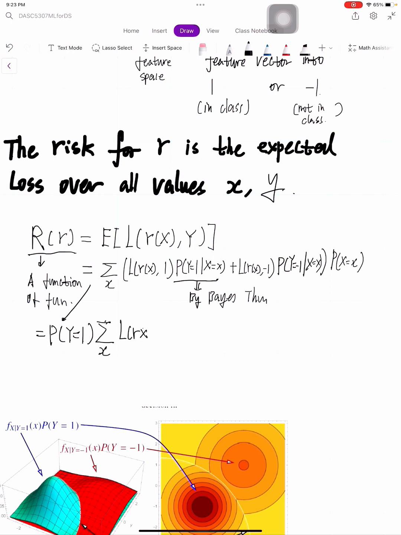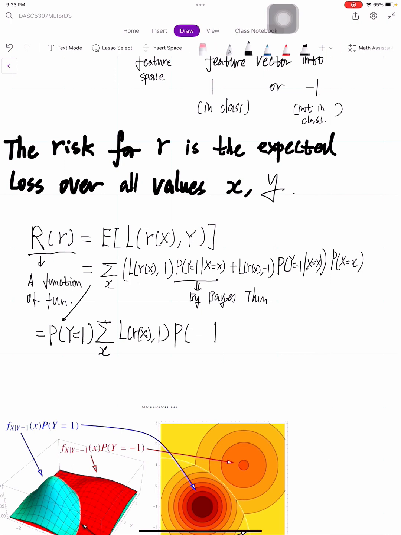So to summarize, we can simplify this summation. Before we have y given x, now we flip it, right?